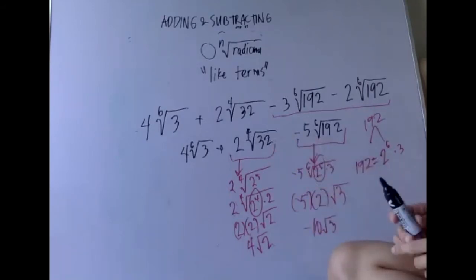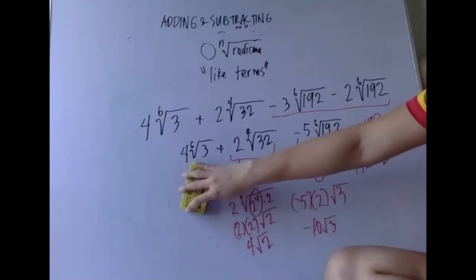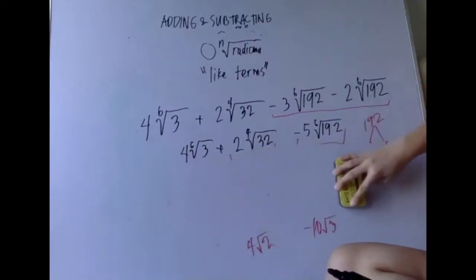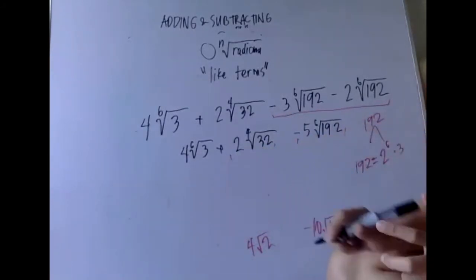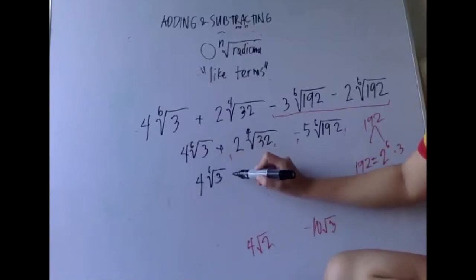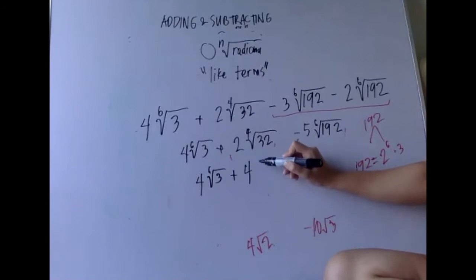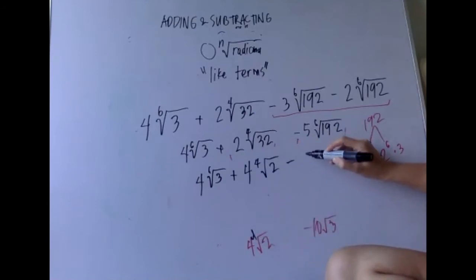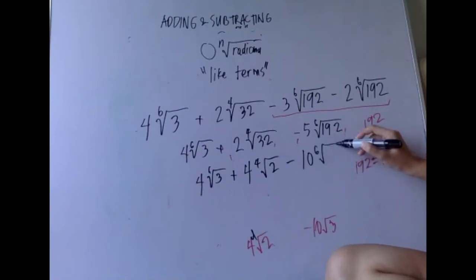Now, going back dito, buburahin ko na to ah. Okay? 4 6th root of 3 plus 4 4th root of 2. Sorry, may 4 dapat yun dyan. Minus 10 6th root of 3. Sorry, 6th root yan.